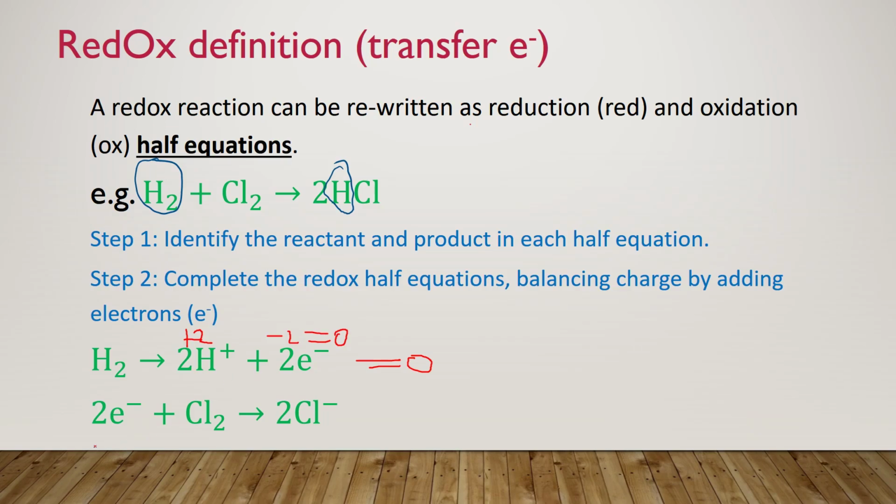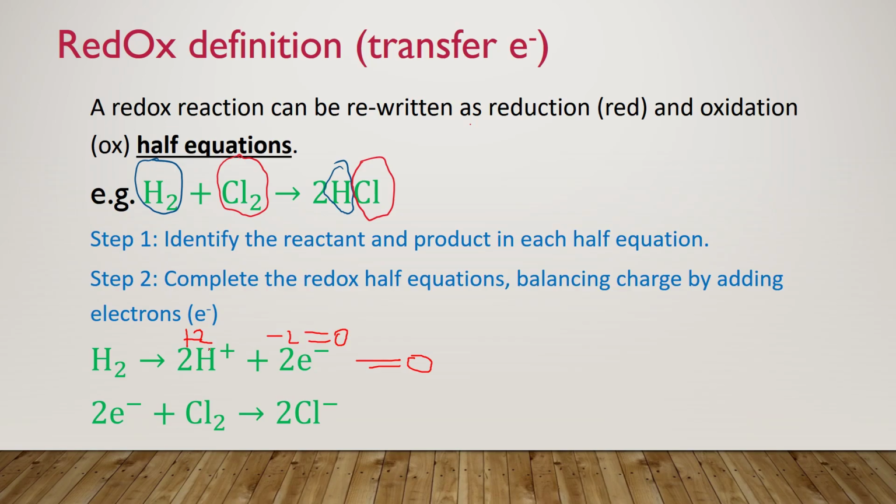And we can see that in the next half reaction, we have chlorine from our chlorine gas going to chloride in the hydrochloric acid. We have a neutral chlorine stemming straight from our full equation. Then we have the chloride coming from our hydrochloric acid, and there are 2 chlorine atoms present.